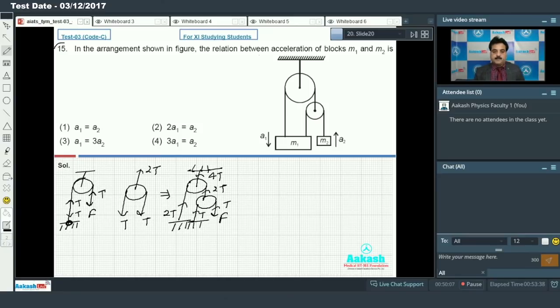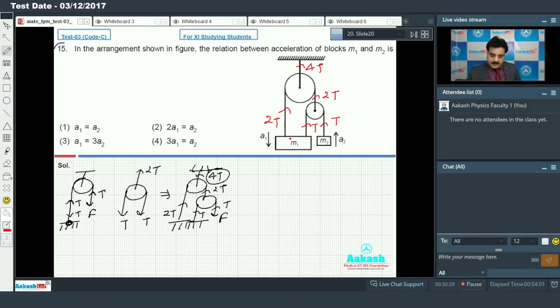So we can calculate the net tension is 4T. Similarly, if I go on that diagram, if this is T then here also T, and that will give you 2T. This is also 2T. So if I go for the final, that is 4T.